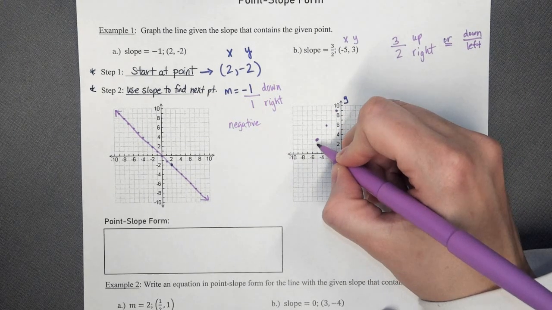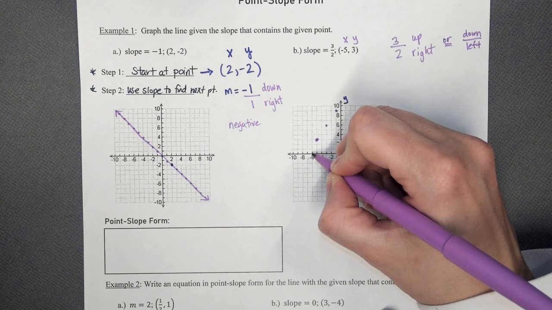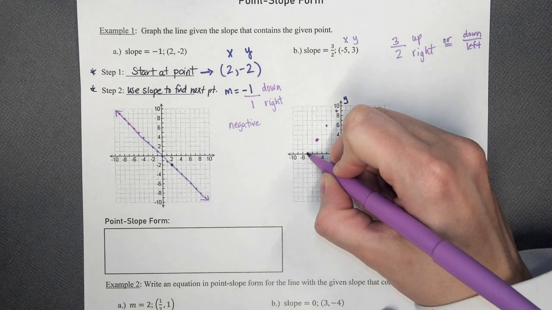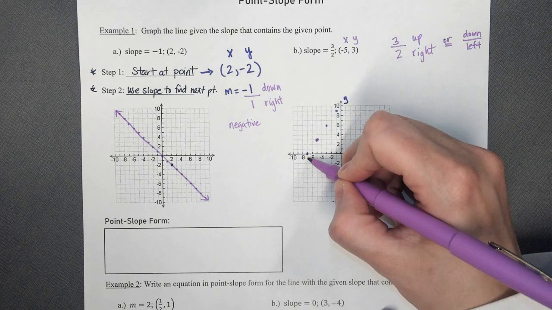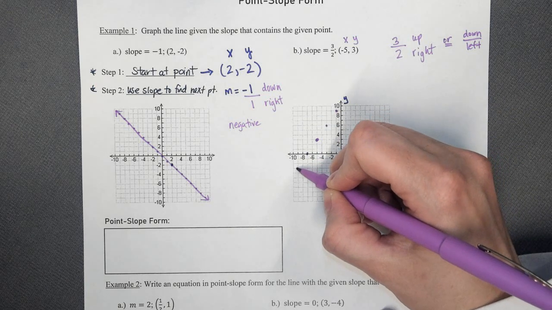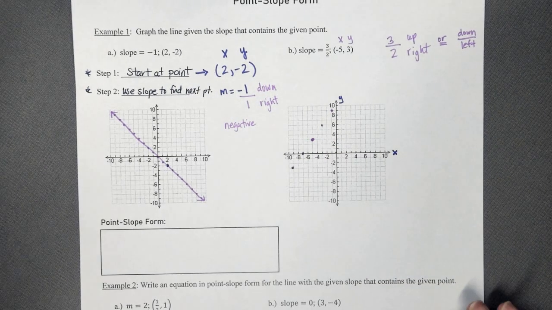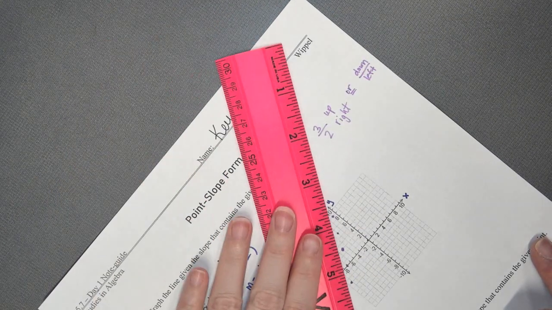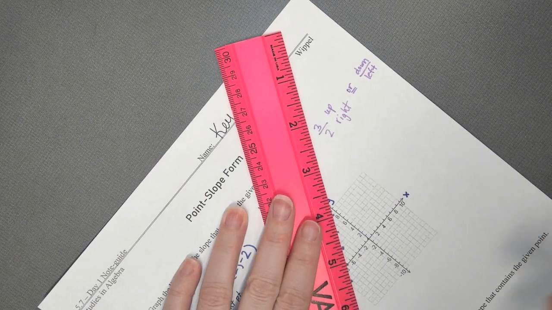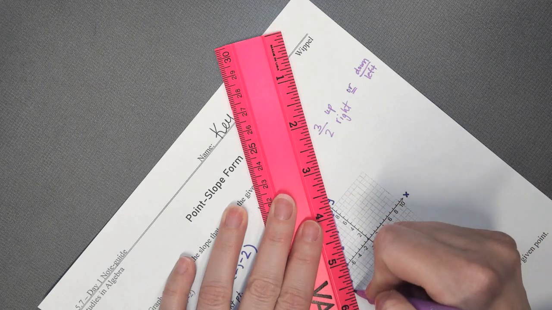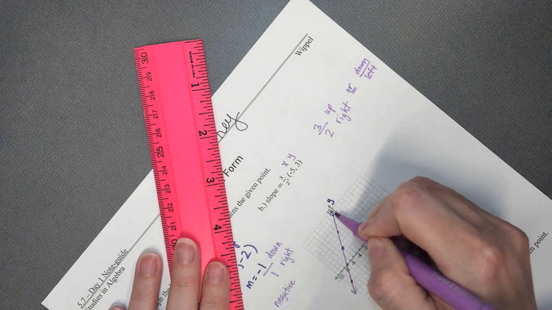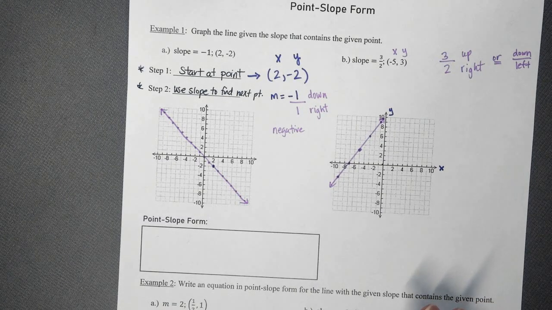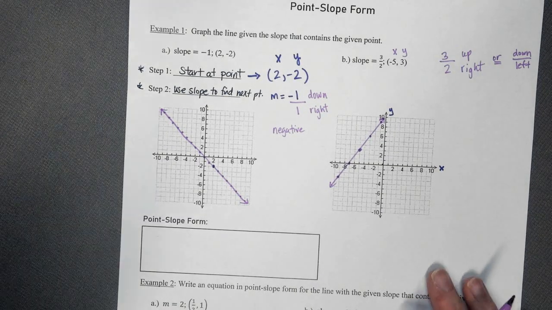So if I go 3 down, then I'm going to go left 2. Okay, and then I'm going to connect those points. I like using my straight edge to connect them.